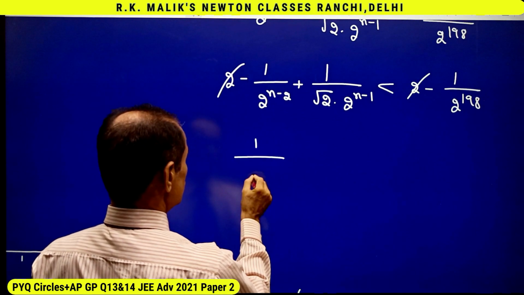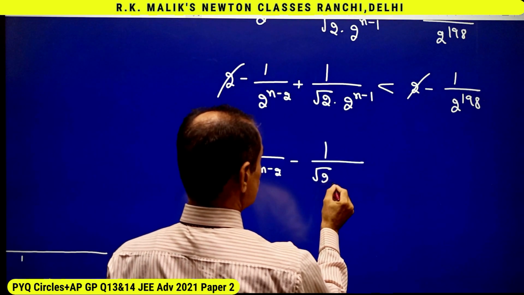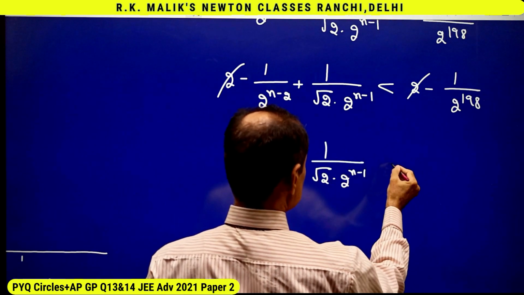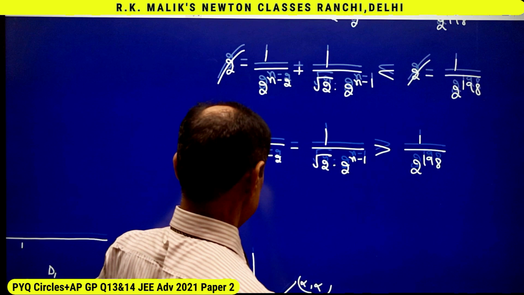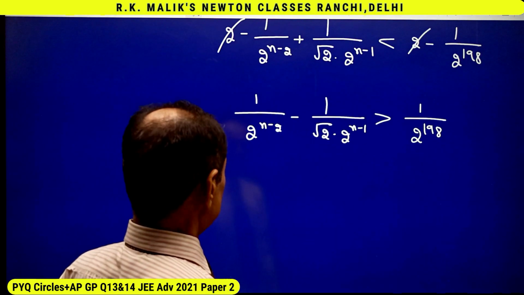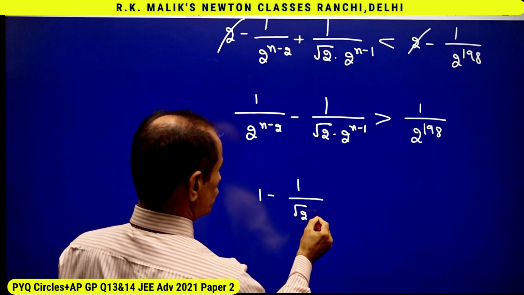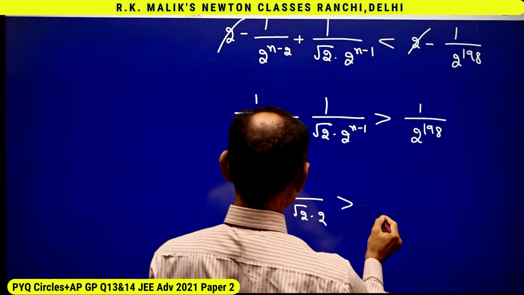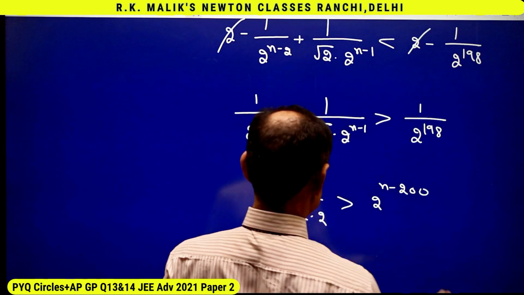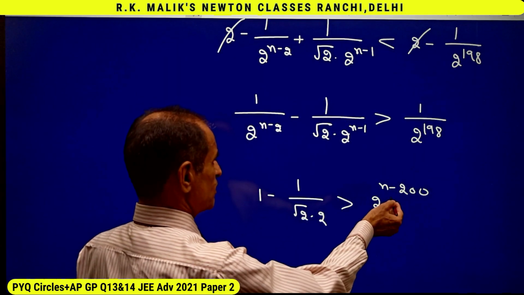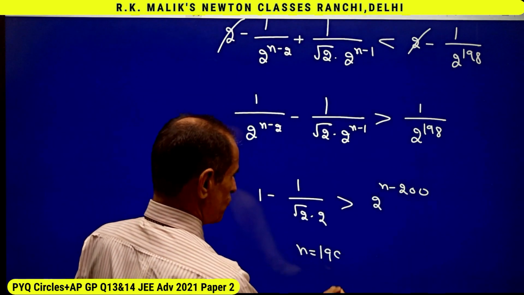And that is, I get 1 by 2 to the power n minus 2 minus 1 by root 2 into 2 to the power n minus 1 greater than 1 by 2 to the power 198. Now multiplying by 2 to the power n minus 2, I get 1 minus 1 by root 2 into 2 is greater than 2 to the power n minus 200. It's clear that the maximum value of n satisfying this is 199.